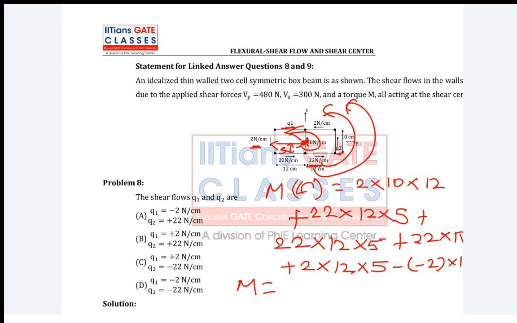So what is the answer, guys? What is the answer?